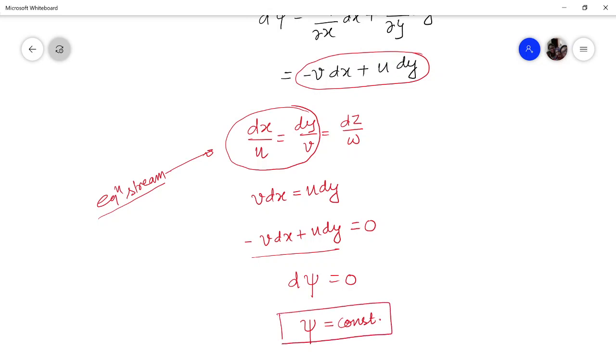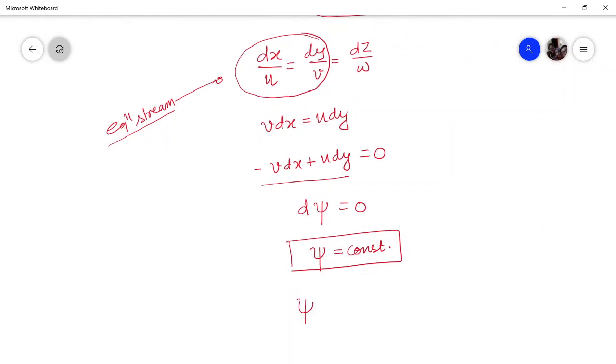So a streamline is a line where the stream function is a constant, or a streamline is known by a stream function. Therefore, we can represent any streamline in this two-dimensional plane as psi xy.